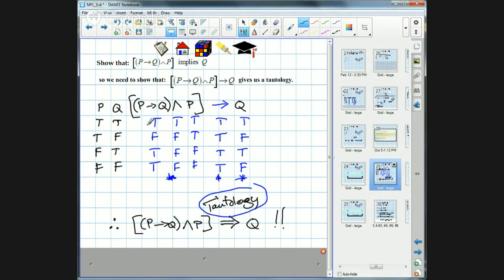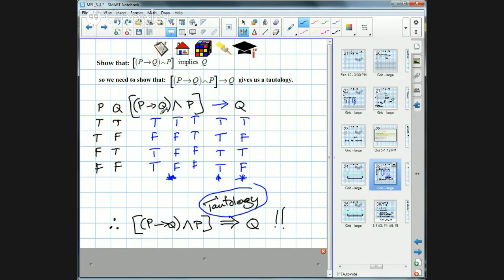Okay, let's just work it out now. First of all, the inside parentheses is if P then Q. Do that one first, because it's the innermost grouping.